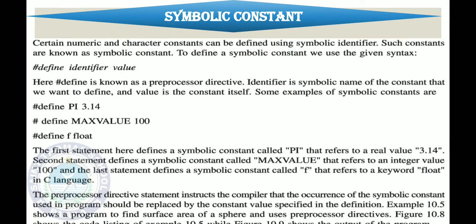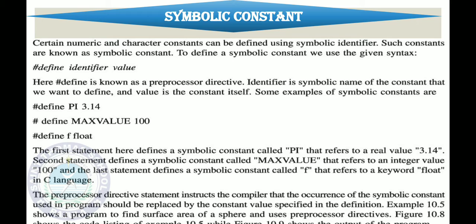Then the next is the symbolic constant. Okay, symbolic constant: certain numeric and character constants can be defined using a symbolic identifier. So such constants are known as symbolic constants. When are these types of constants needed? Suppose in scientific form some objects have a specific value.